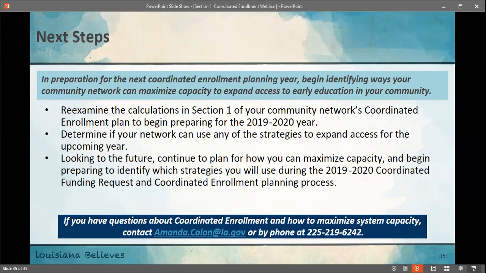So our hope is that you re-examine the calculations in section 1 of your enrollment plan and possibly identify one or more of these strategies that can help expand access for your upcoming year. And moving forward, continue to plan for maximizing capacity, and identify these strategies for this 2019-2020 coordinated funding request and your enrollment planning process.